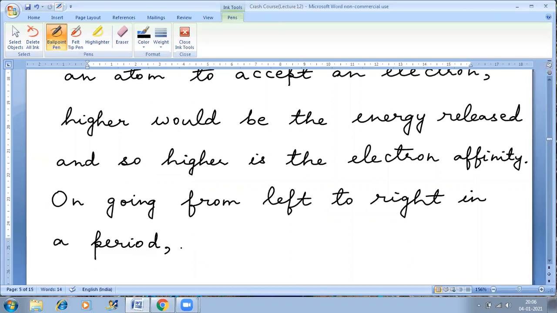That means on going from left to right in a period, because the metallic character decreases, the tendency to gain electrons increases.